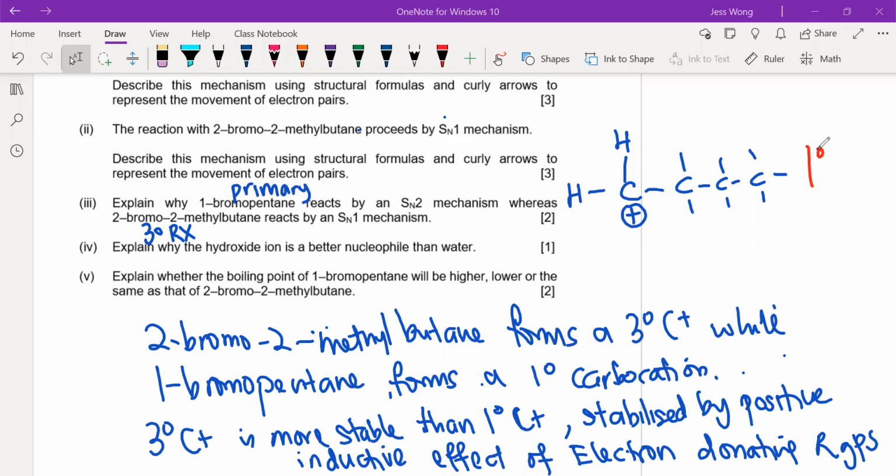Whereas if you use 2-bromo-2-methylbutane, you'll get a carbocation which is like this, which is a tertiary carbocation.